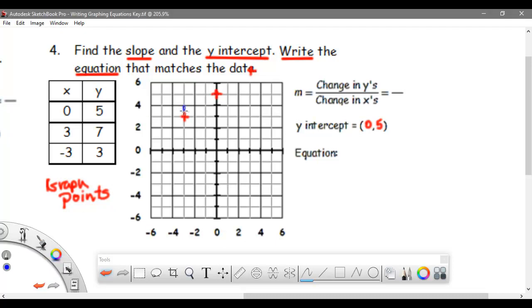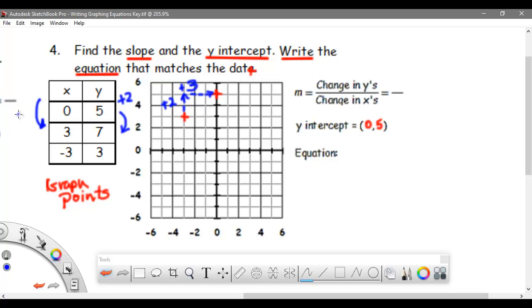So the idea is I'm going to use those lattice points to count the slope. So now if you see the slope there, I go from one point to the next, I go up 2. So that means the change in the y's would be a +2. And the change in the x's would be a +3.